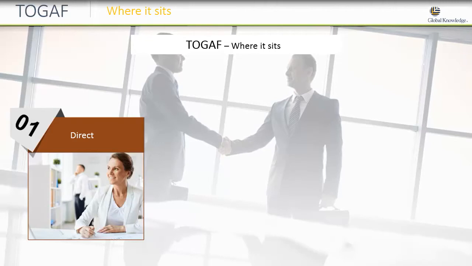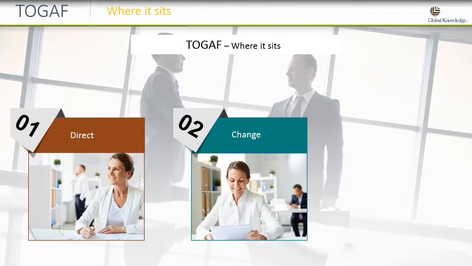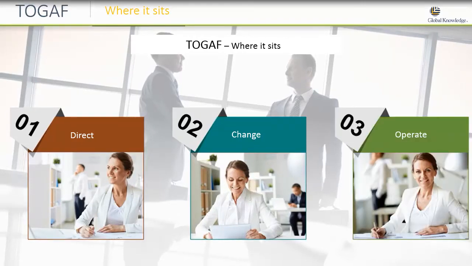Those directives are normally to do with making your organization more effective, more efficient, continuing to deliver what the customer wants, staying legal, for example, as well as other things that might come down as directives. You then change your organization, perhaps through projects and so on, to fulfill the directives coming down from strategic areas within the business. And then finally, you actually operate that model.